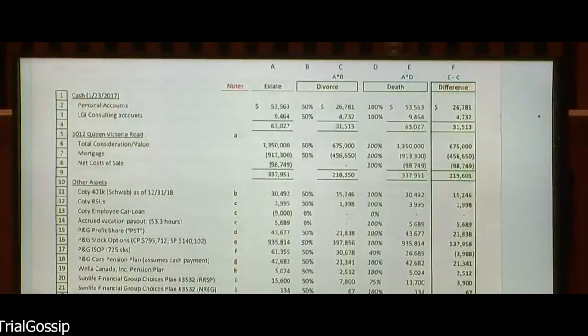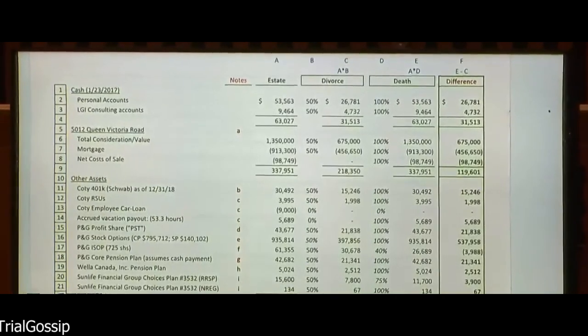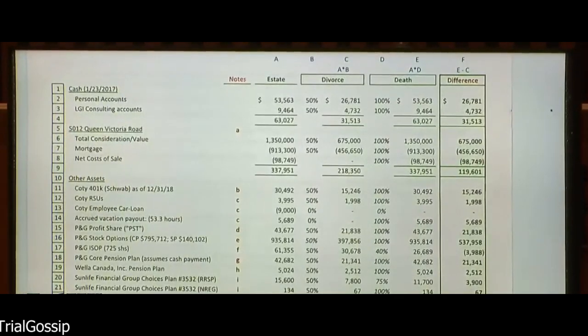One of the items on the chart that you prepared is the first item where it says cash, and then the second item under the cash is LGI consulting accounts. You see that? Yes. And the figures you put down there under estate and divorce were solely based on the amount of money in that account, correct?